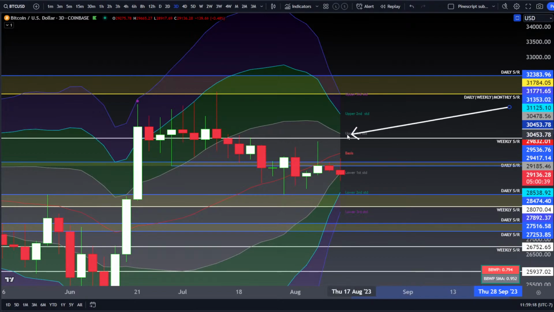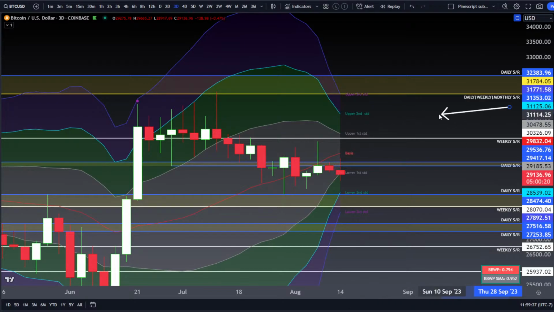Initial upside moves probably, even if they start closing above on the daily, probably get rejected and come back inside the bands, and then we reevaluate for continuation of that trend, either to the downside or the upside. And in this case, to the upside, the upper first standard deviation is right there at 30,000, just under 30,500. If we did see closures above there, I would be targeting the upper second to upper third area. That's coming in at 31.1 to around 31.8.